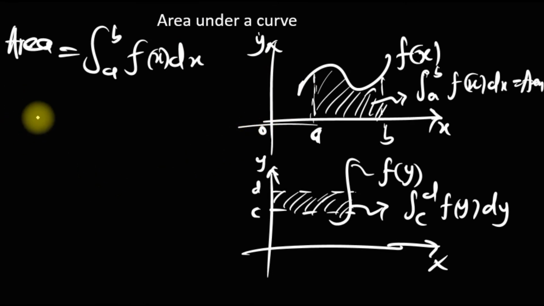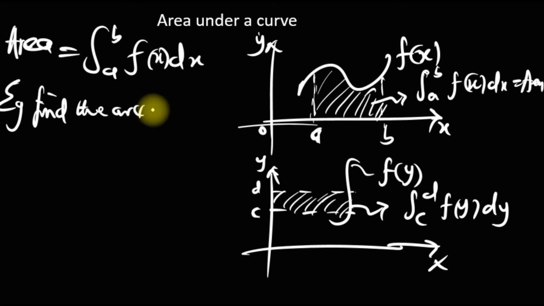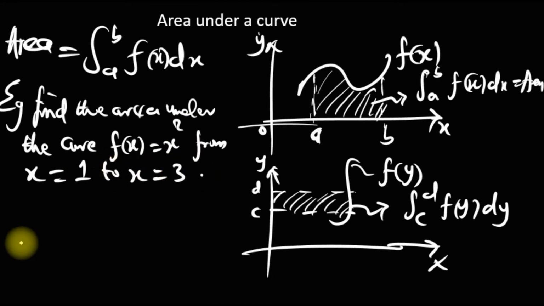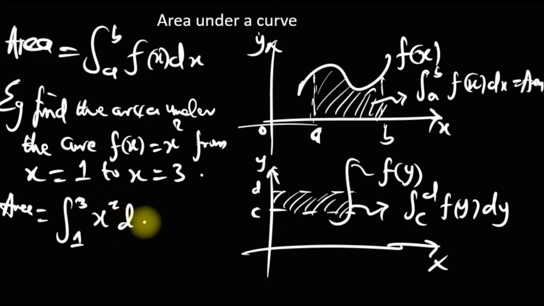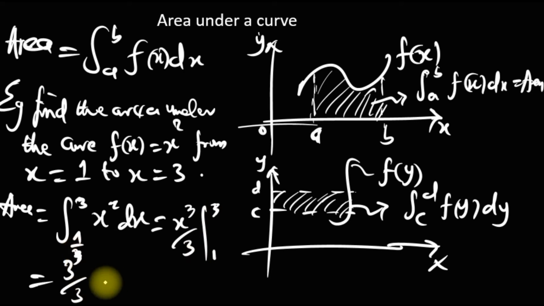So example, if someone asks you to find the area, our answer is just the integral from 1 to 3 of x squared dx, which, if you integrate this, is x cubed over 3 from 1 to 3, which is 3 raised to power 3 over 3 minus 1 raised to power 3 over 3.